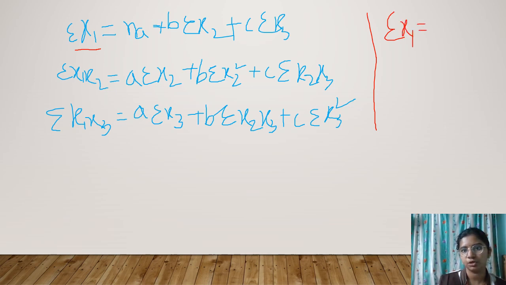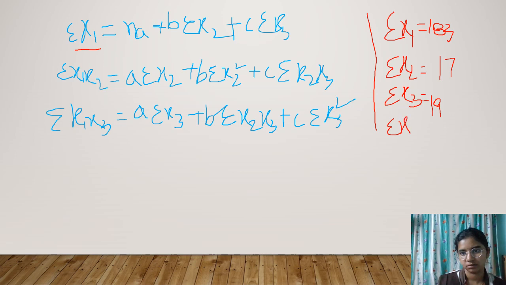Sigma x1 equals 183. Sigma x2 equals 17. Sigma x3 equals 19. Sigma x1 x2 is 504.